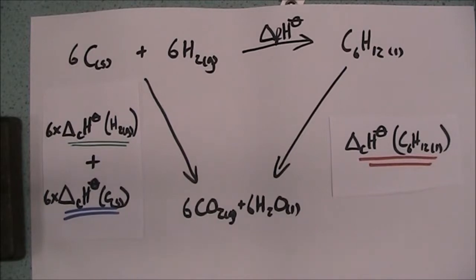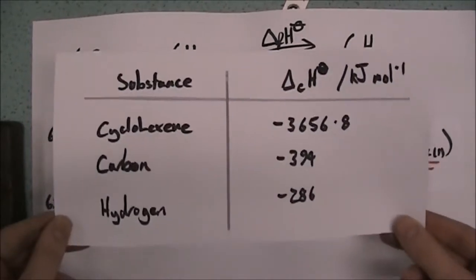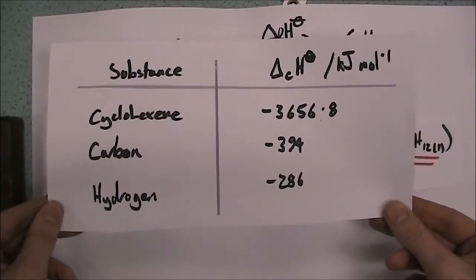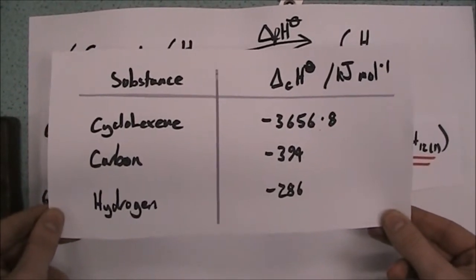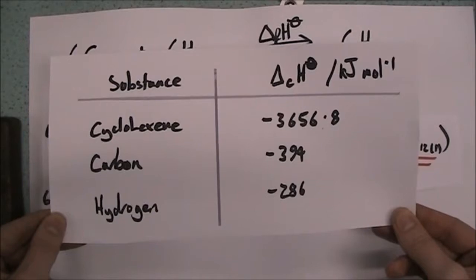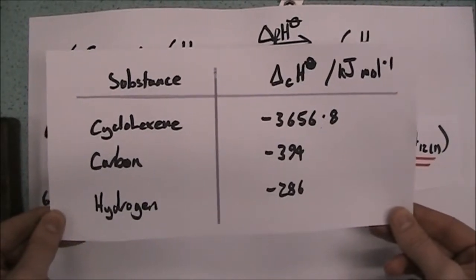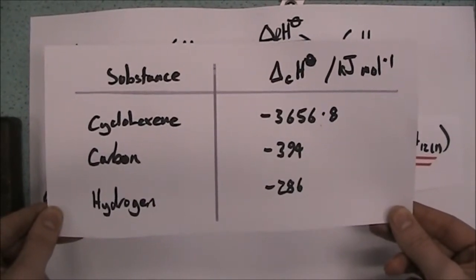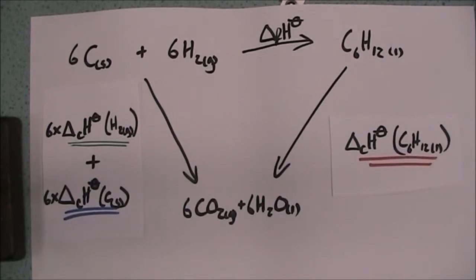Now you'll find in any good data book or in any good exam paper a table which looks a little bit like this. It will have a substance and some thermodynamic data, and we can plug those numbers into our equation. So for example, here I've written it in blue.